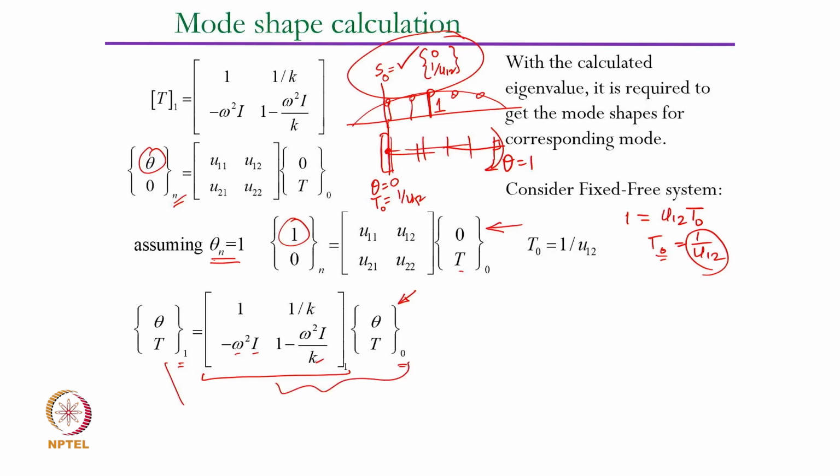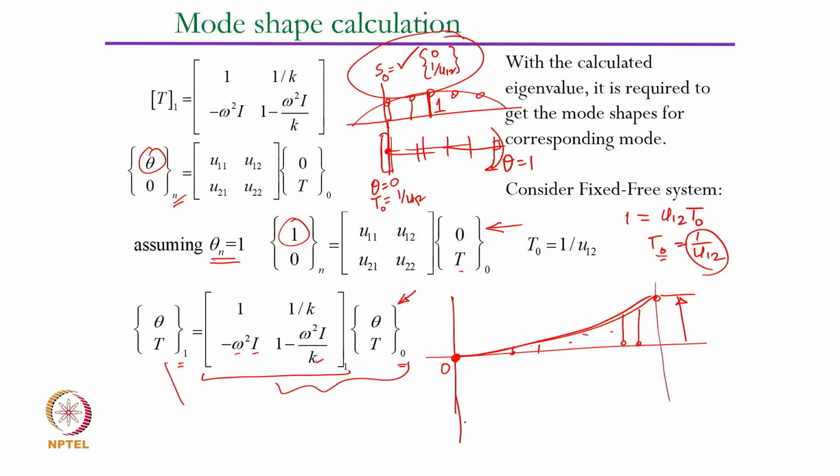Once all the state vectors are known, for mode shape you don't care how much torque is acting at each element. You are only interested in thetas. So you can plot that if the twist here is 0 and here you have assumed it to be 1 unit, how much is the twist in the rest of the elements. By knowing this twist value, this twist value, this twist value, and so on, all these twist values are known, this becomes your mode shape.